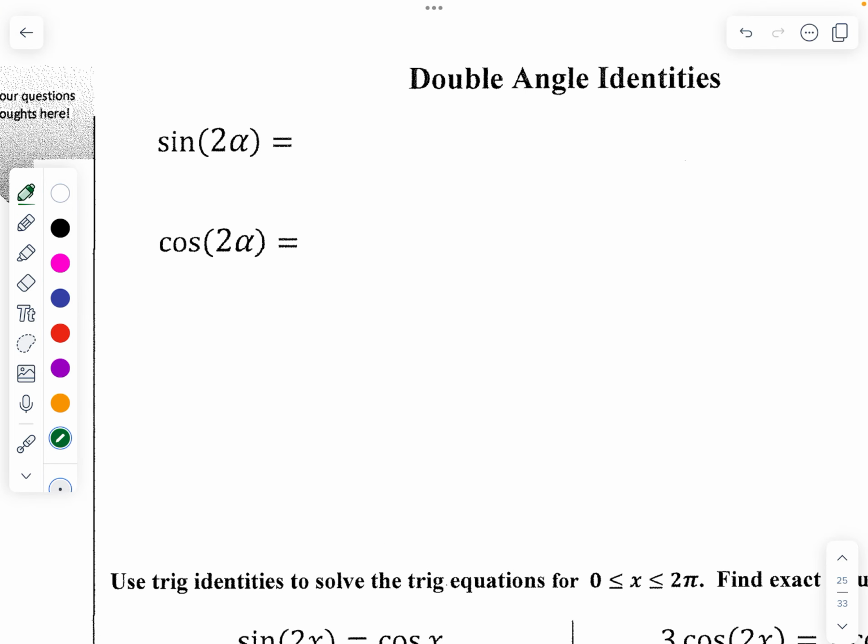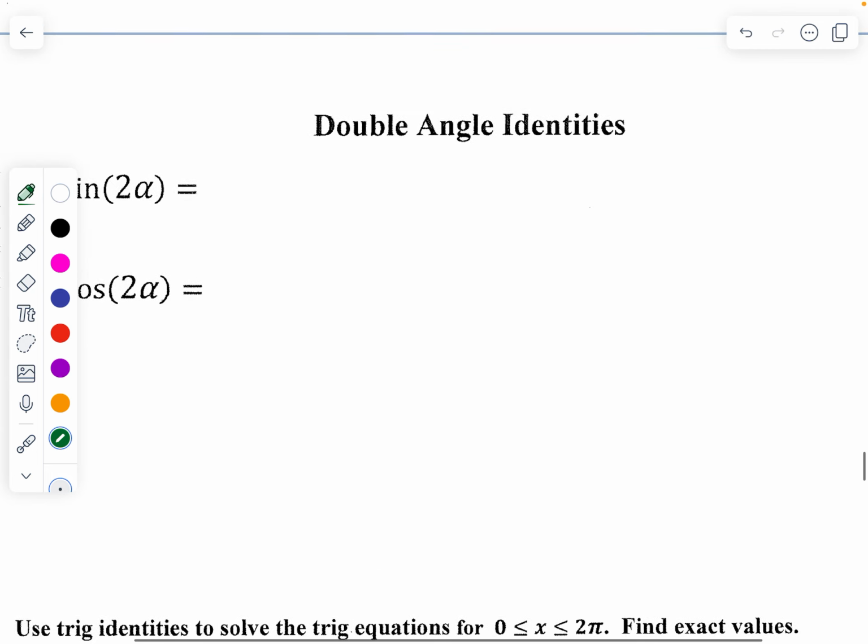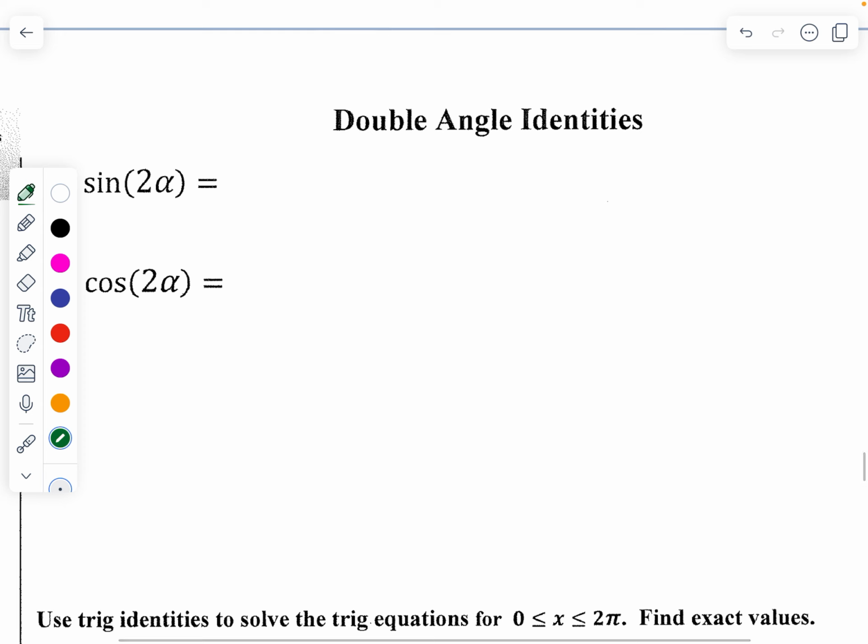Now, just like we took sum and differences, sometimes we need to double an angle. One of those cases could be like, let's say we were looking for a specific angle like 15 degrees. Well, I can't tell you the sine or the cosine of 15 degrees, but if I doubled it, like 2 alpha would be 30 degrees, I could tell you the sine and cosine of that value.